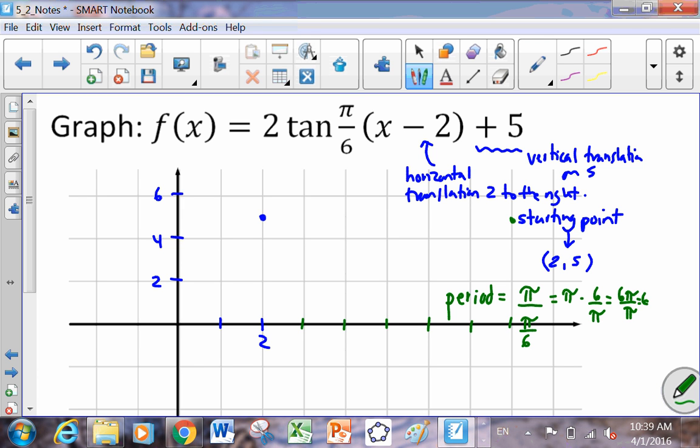And then what's missing is our asymptote, right? So how do we find our asymptote? Imagine your tangent here. That's the regular tangent that was like this, right? And we're repeating here, right?